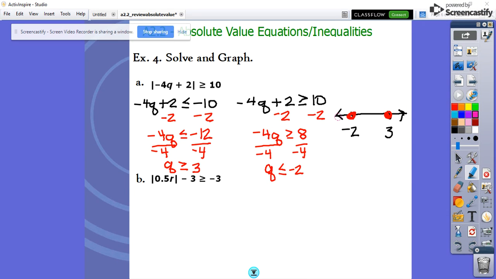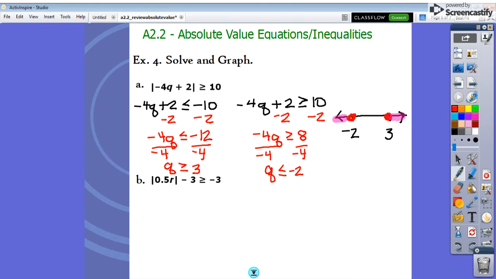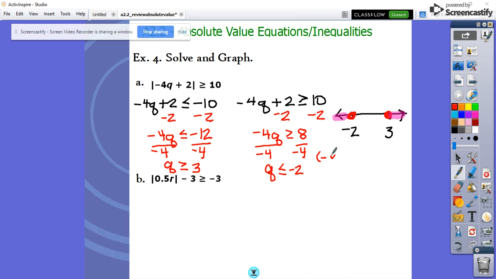That's this way. Where are we greater than +3? That's this way. So then my final solution is -infinity to -2 bracket union bracket 3 to infinity.